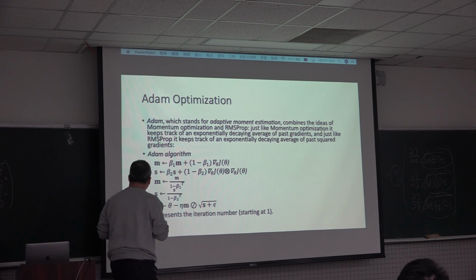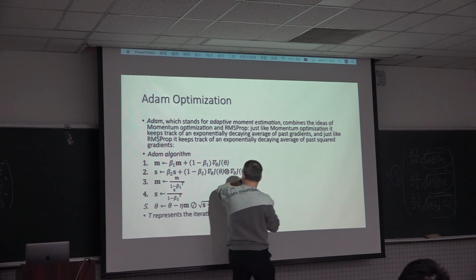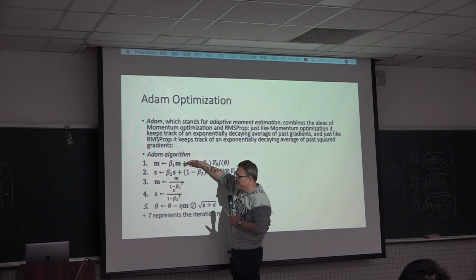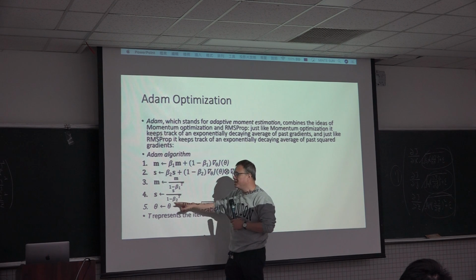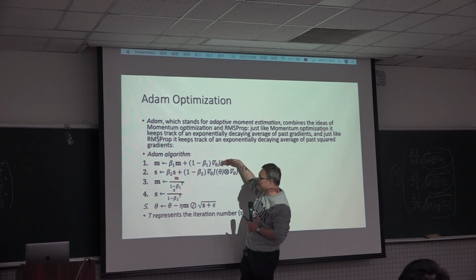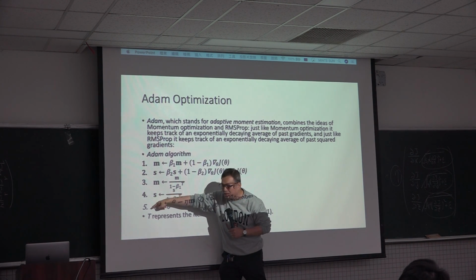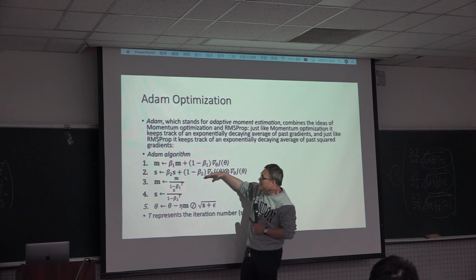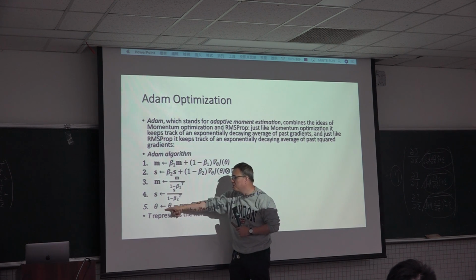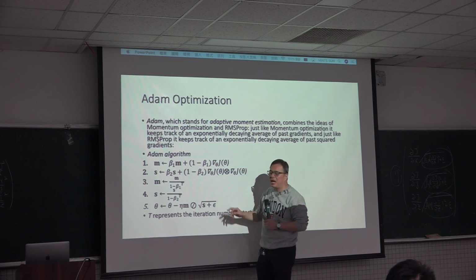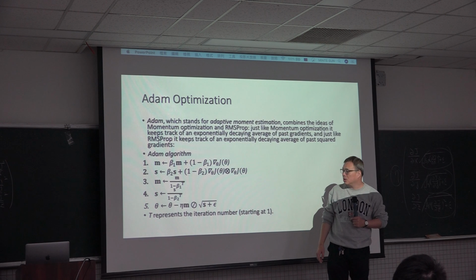You can see, in this formula, the first line and the first half of line 5 are the momentum optimizer. The second line and the second part of line 5 are RMSProp.